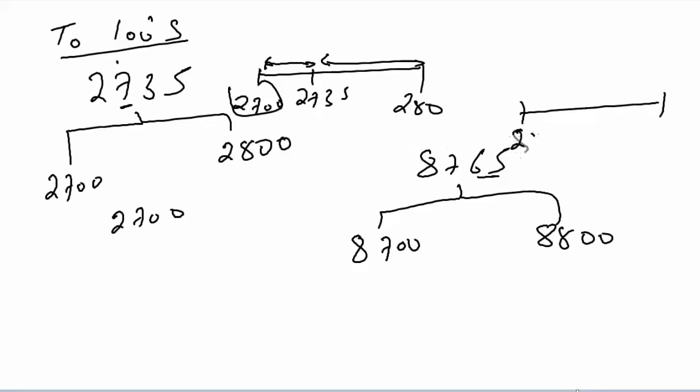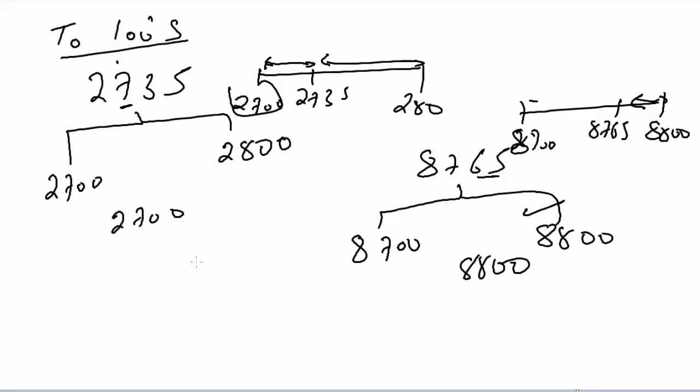If this is 8,700 and this is 8,800, and 8,765 lies here, so 8,765 is closer to 8,800, so you round it off to 8,800. So basically what I'm trying to tell you is you have to round it to the nearest number to which they can approximately be said or told.